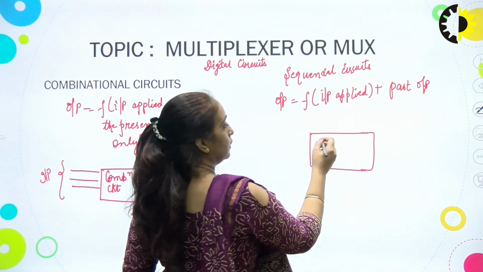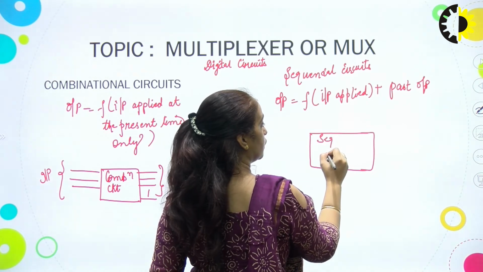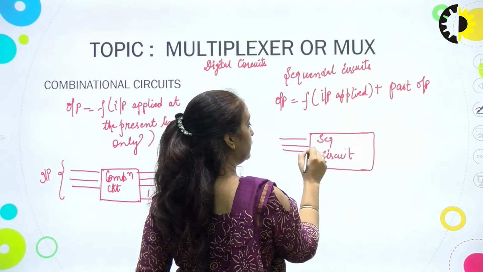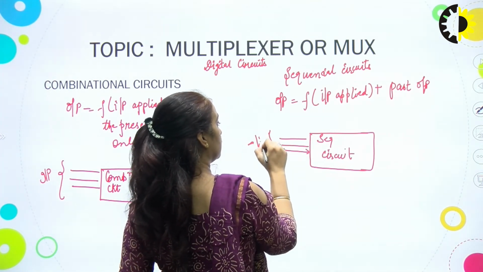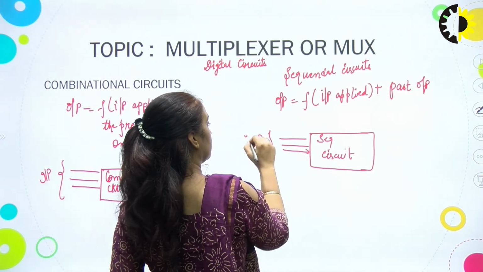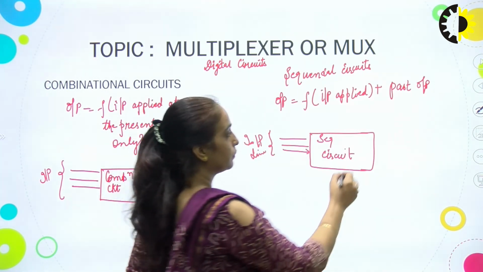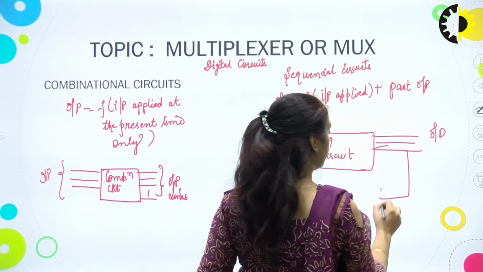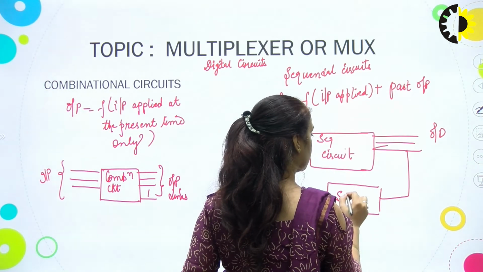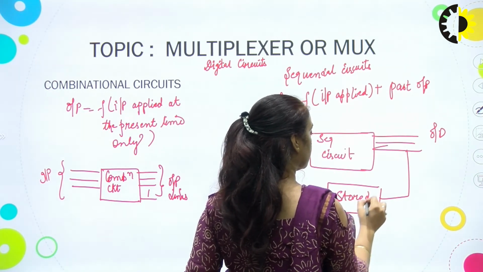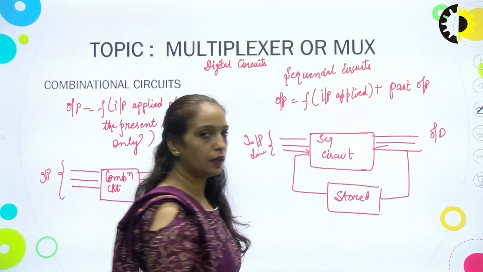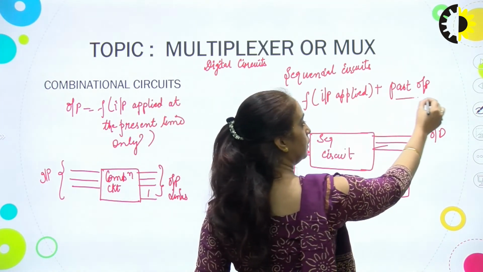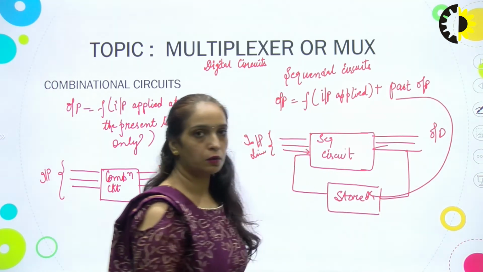For sequential circuit, we have some input lines, some output lines will be there, and some part of the output is stored and then again fed back to the input side, that is used to store the past output.